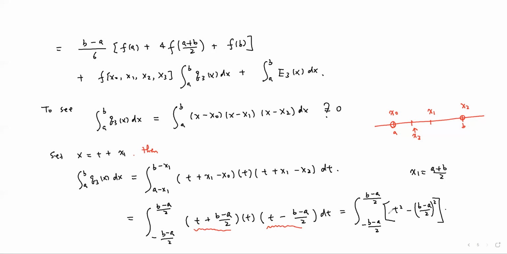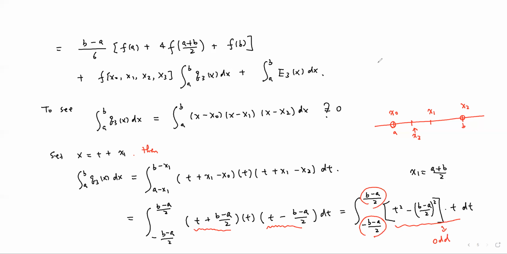Then times the middle factor t dt. Over the interval from this number to this number, this function is an odd function.